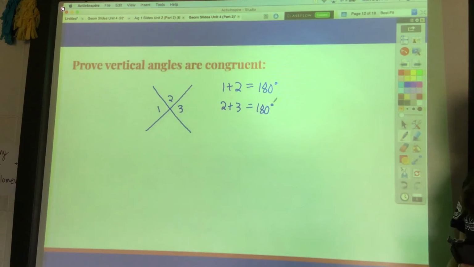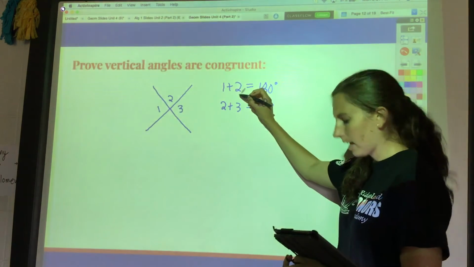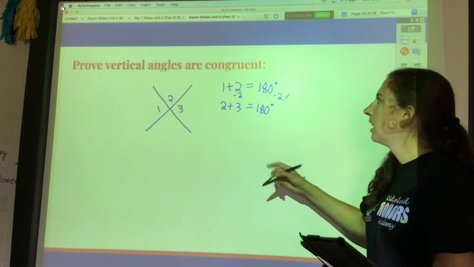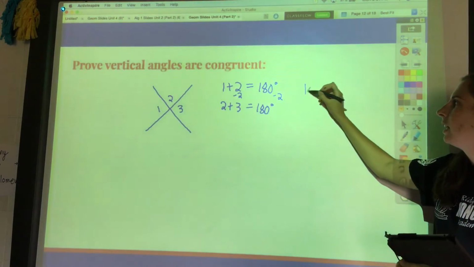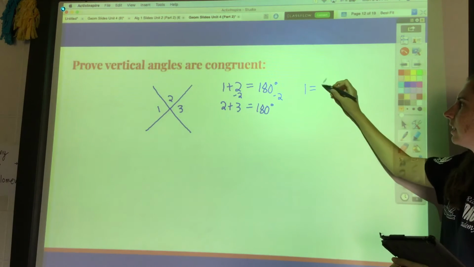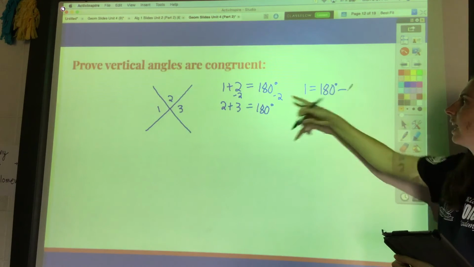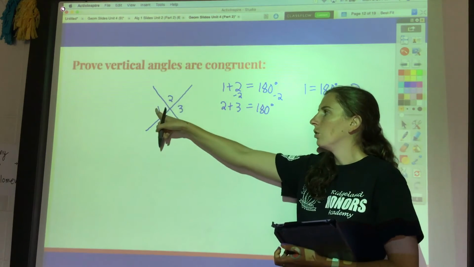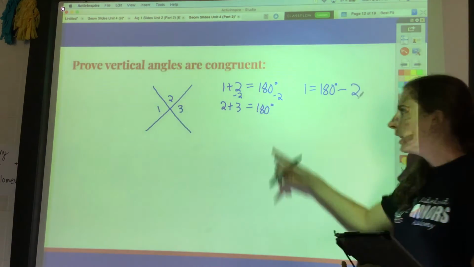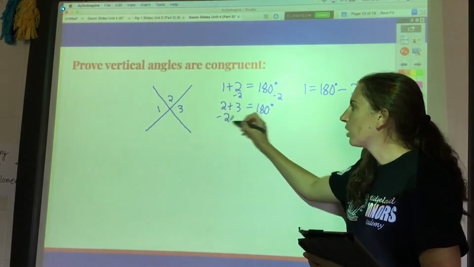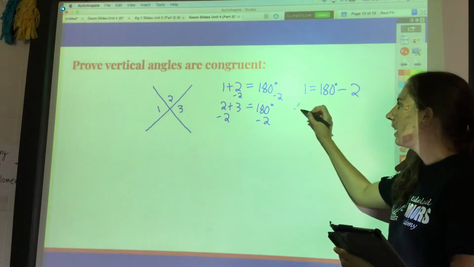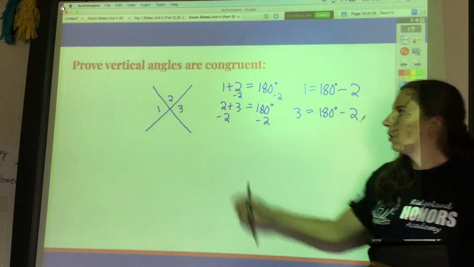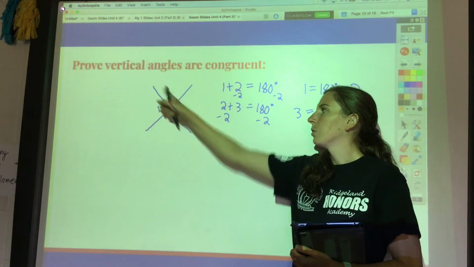Let's just do a little algebra here. If I were to subtract angle 2 from both sides, I would get that angle 1 is equal to 180 minus angle 2. Take 180, subtract angle 2, and you get angle 1. Same thing here. I could also subtract angle 2, and so angle 3 equals 180 minus angle 2.